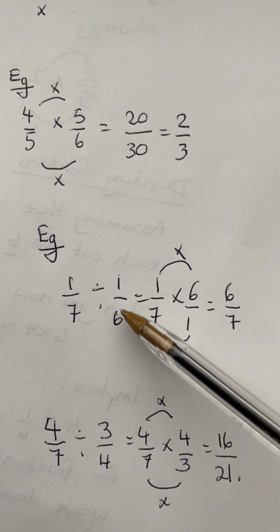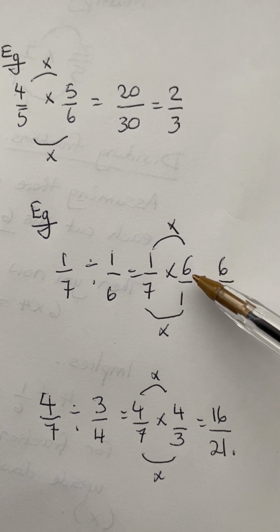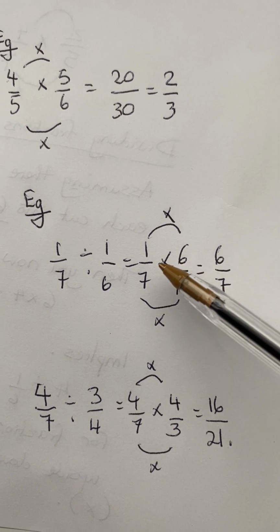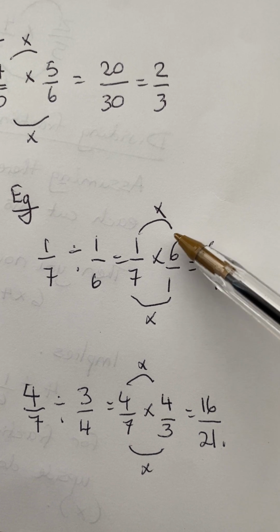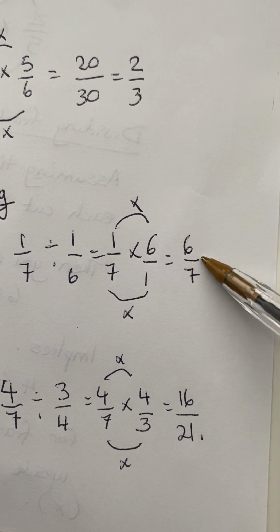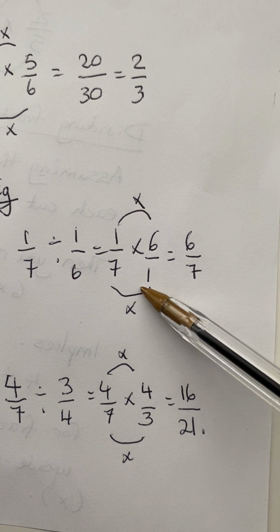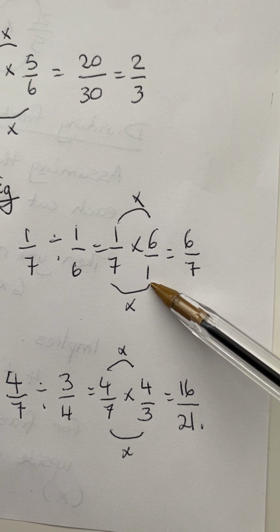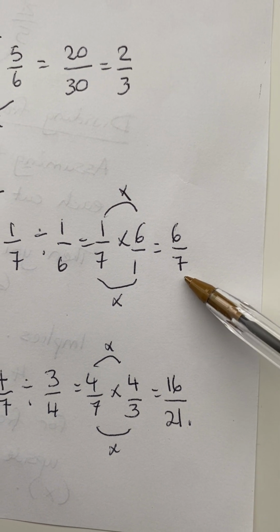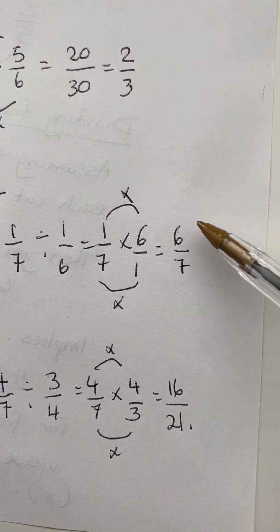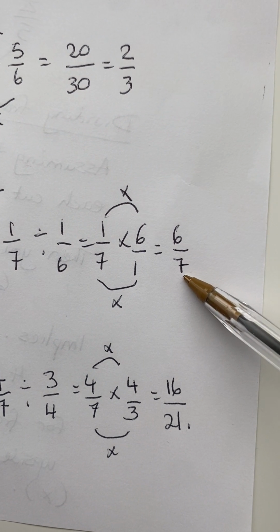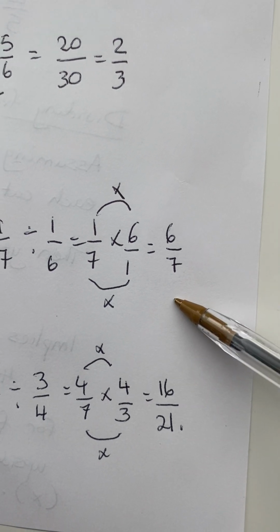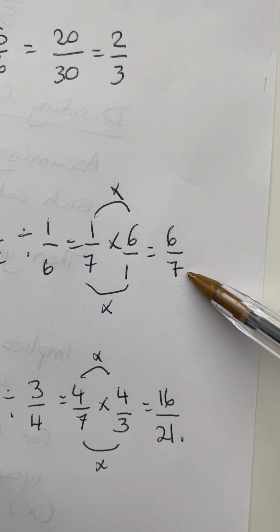So when we flip 1 over 6, we are going to get 6 over 1. Now we can multiply. 1 times 6 is 6. 7 times 1 is 7. So our answer here will be 6 over 7. This is quite straightforward because that is the lowest form or the simplest form.